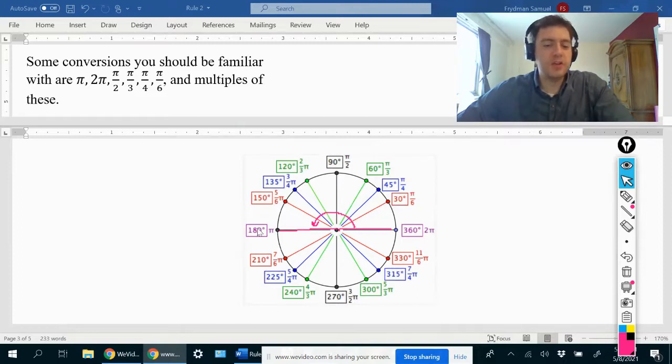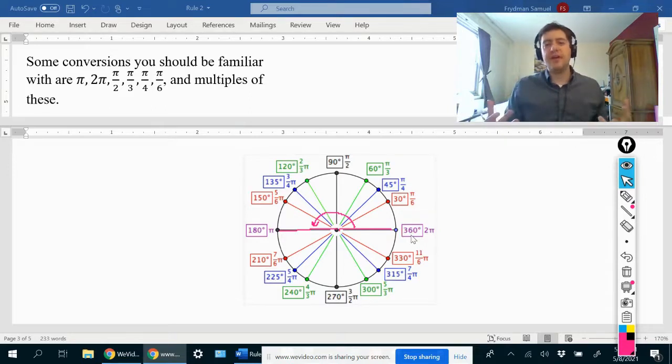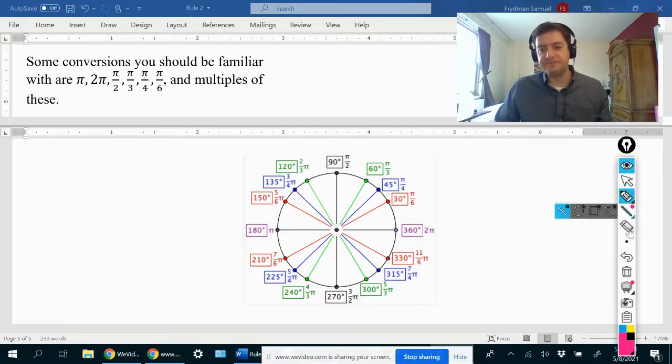Well, if pi is 180 degrees, then 2 pi would be 2 times 180 degrees, or 360 degrees. And of course, we already knew that because we defined radians so that 2 pi of them would be a full rotation. And we know that a full rotation measured in degrees is 360 degrees. So 2 pi radians is the same as 360 degrees. What about pi over 2? Well, that would be half of pi. So that would be half of 180 degrees, which is 90 degrees.